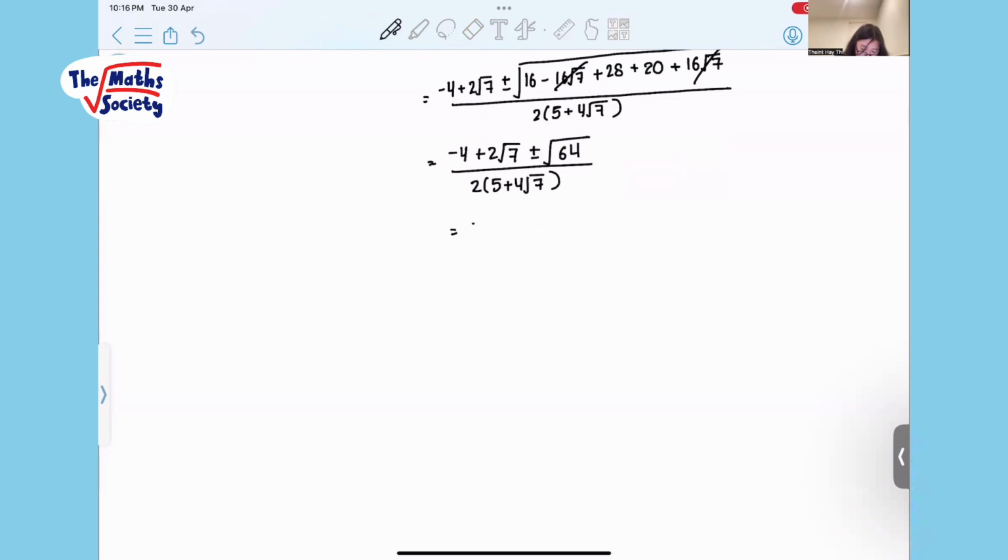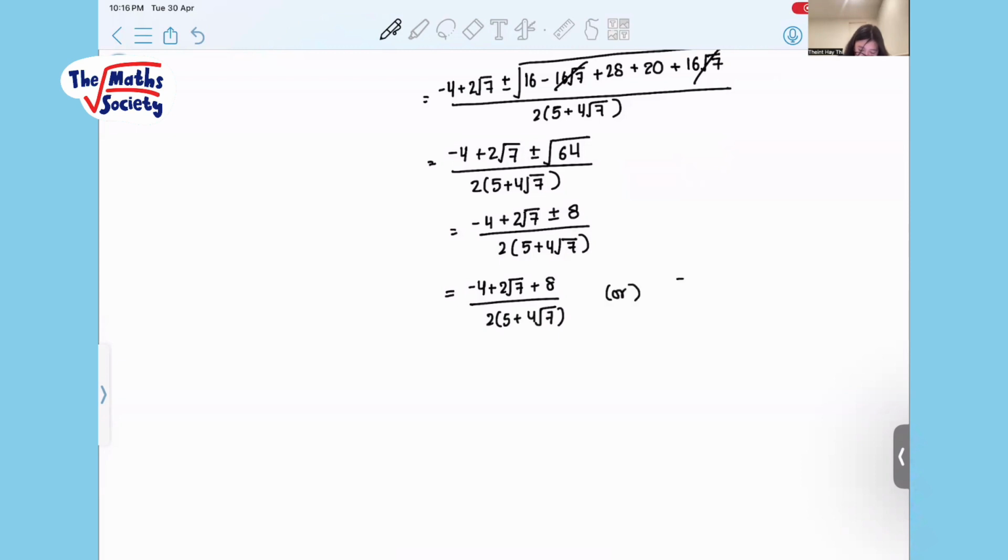And then you know that 64 is the square of 8. So we get minus 4 plus 2 root 7 plus or minus 8, divided by 2 times 5 plus 4 root 7. So you get an answer of minus 4 plus 2 root 7 plus 8 over 2 times 5 plus 4 root 7, or minus 4 plus 2 root 7 minus 8 over 2 times 5 plus 4 root 7.